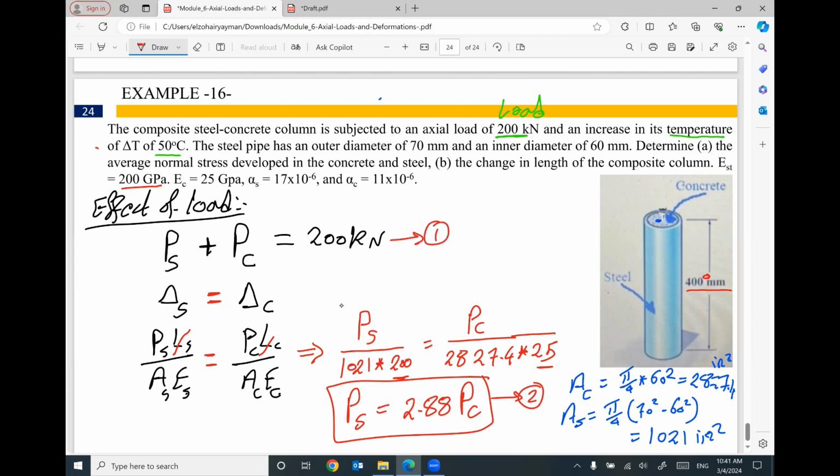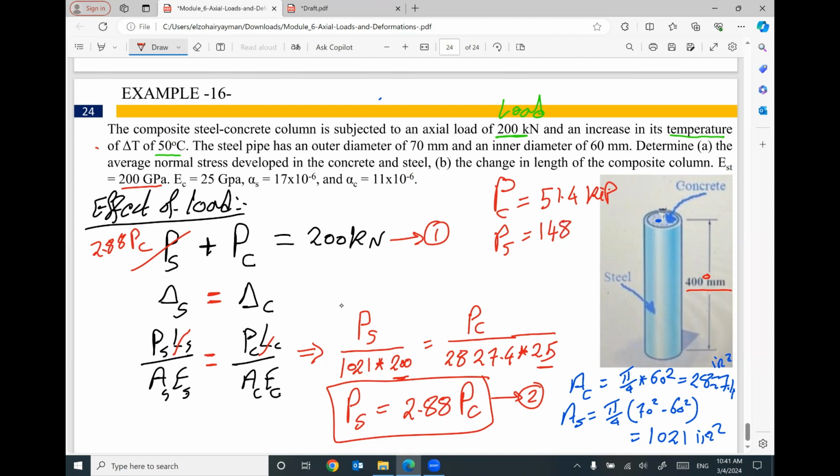If you solve the two equations together, I can remove here B steel and put 2.88 P concrete. So B concrete will be 51.4 kip. And B steel will be 148.